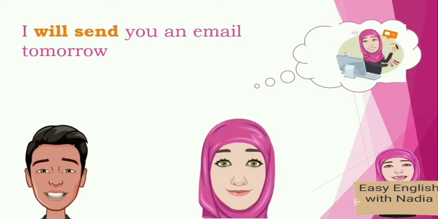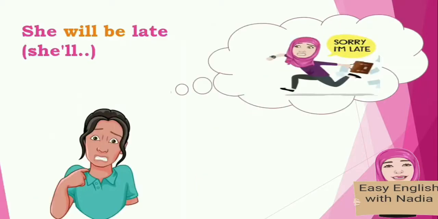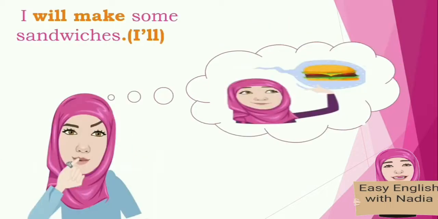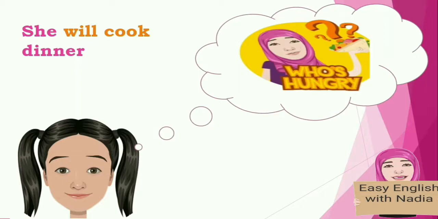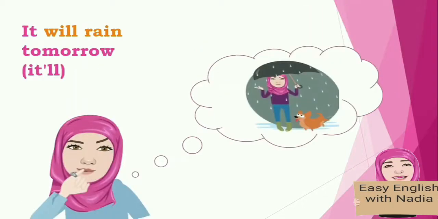I will send you an email tomorrow. She will be late or she'll be late. I will make some sandwiches or I'll make some sandwiches. She will cook dinner. It will rain tomorrow or it'll rain tomorrow.